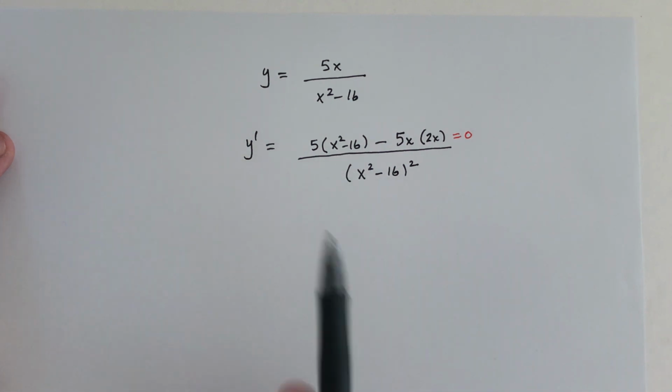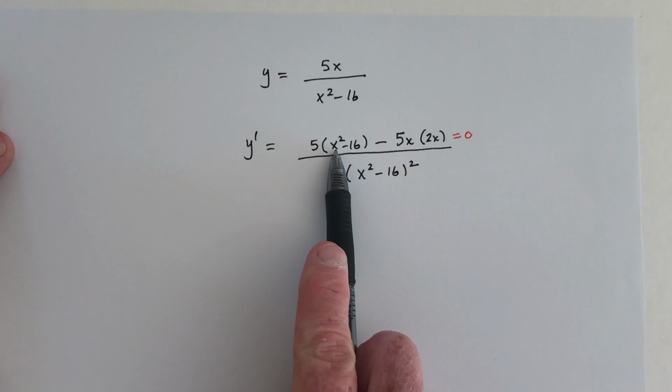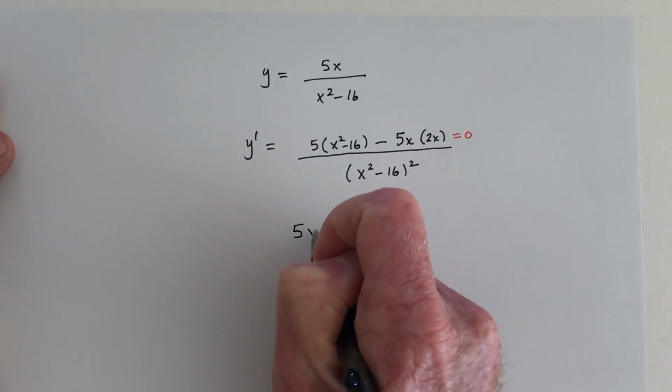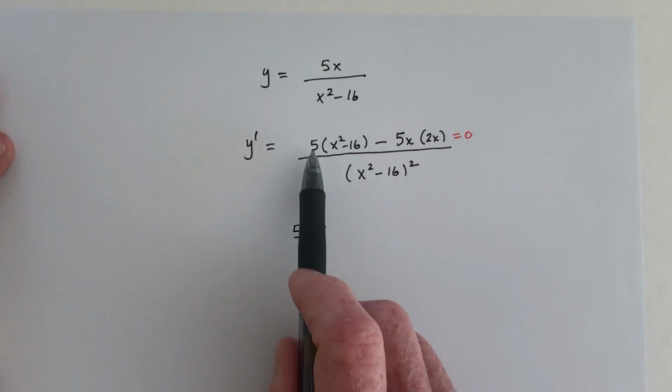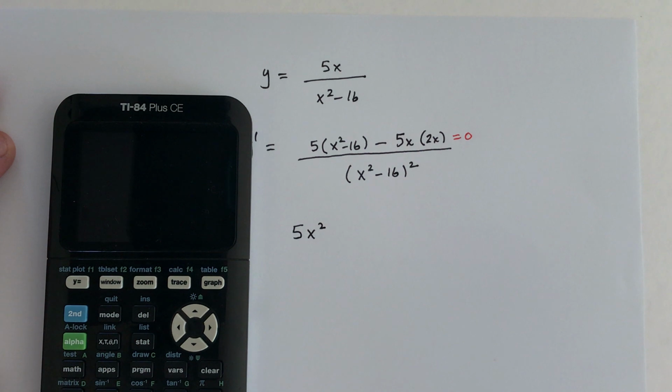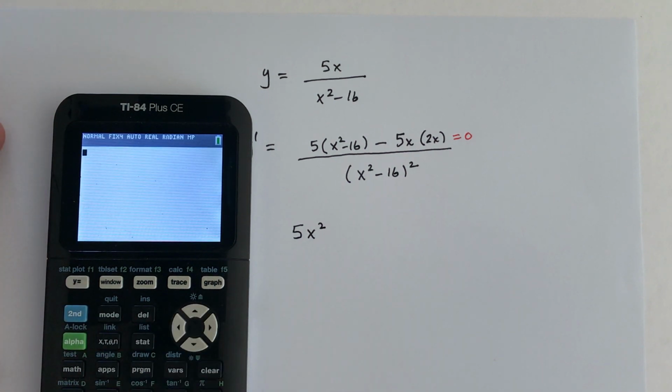We just need to do the top. And on the top, if you distribute, this is going to be 5x squared. And then 5 times 16, I think that's 80. Let me double check. 5 times 16, yes, that's 80.